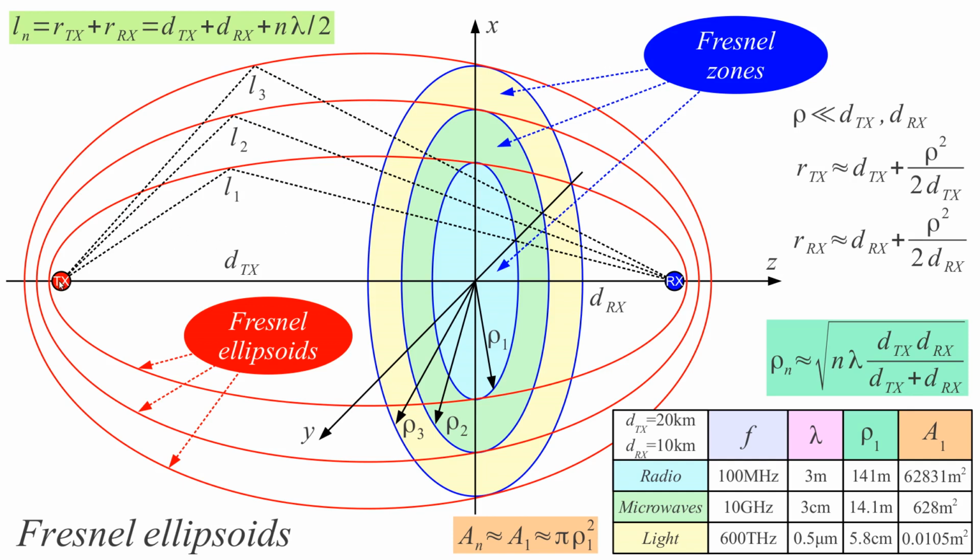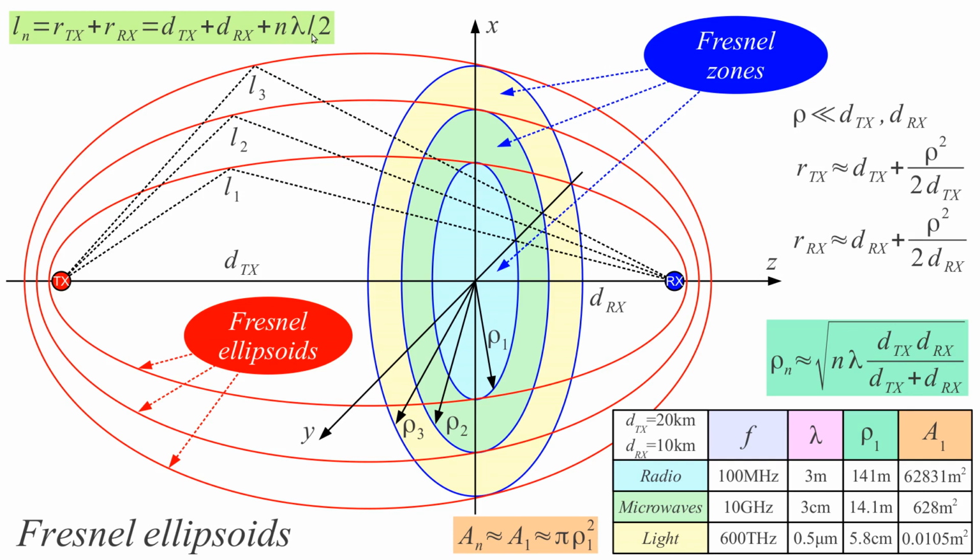If we put our transmitter and our receiver in the focal points of our ellipsoids, then we can draw ellipsoids around these points, and we select ellipsoids whose characteristic distance L1 to the surface of the ellipsoid is equal to the shortest distance, dtx or drx, plus n times half wavelength.